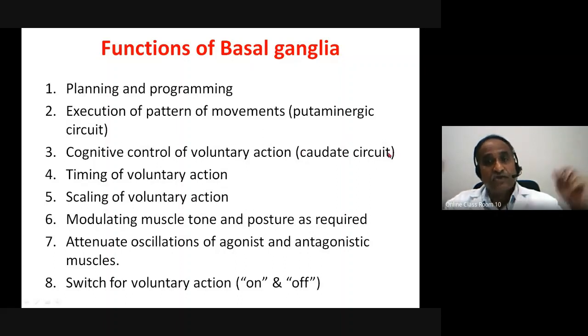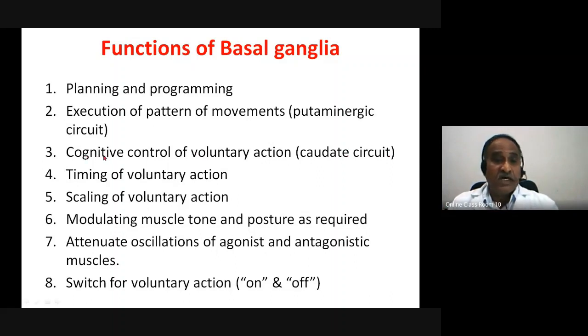This receives inputs from the entire cerebral cortical areas, starting from the prefrontal cortex, the insular cortex, then the limbic cortex, the sensory cortex, and the occipital cortex, that is visual, and the auditory cortex for auditory signaling. And all those things are combined together.